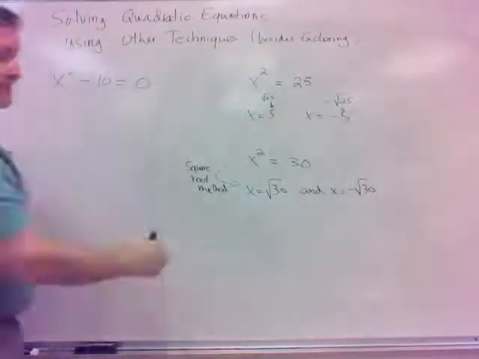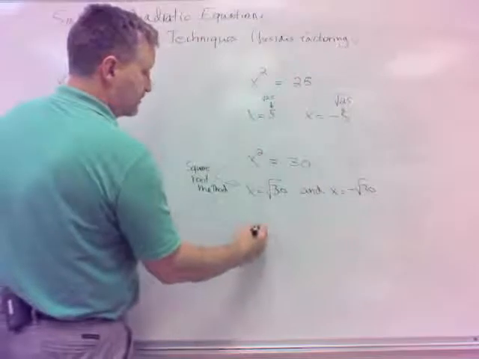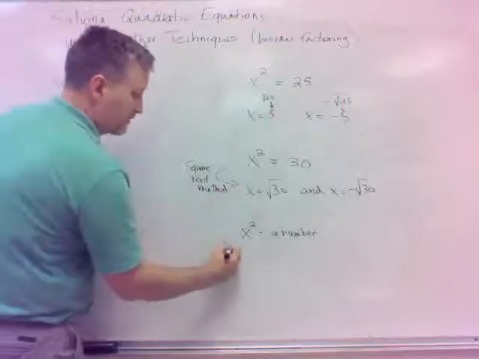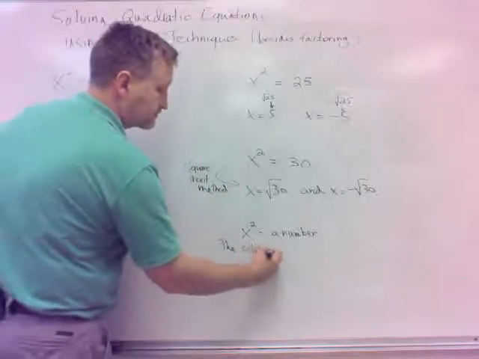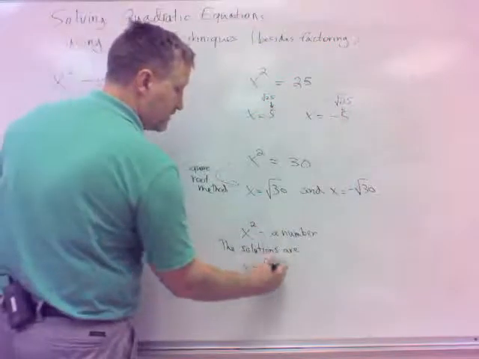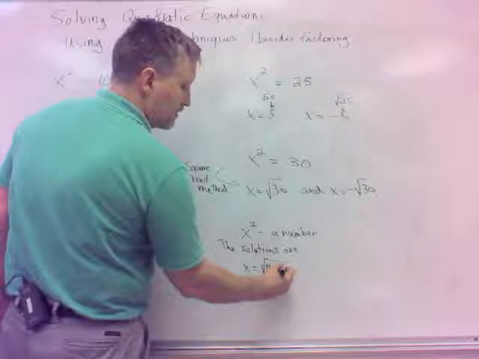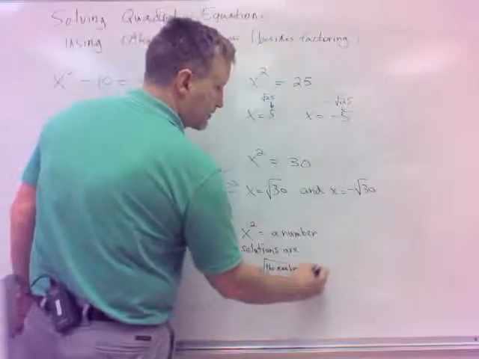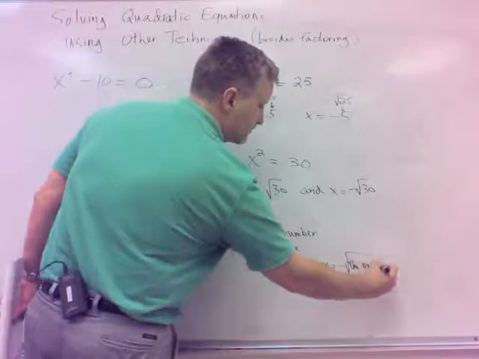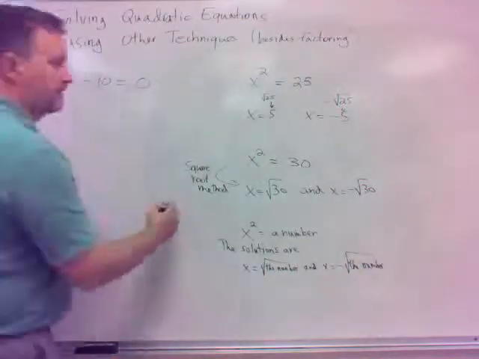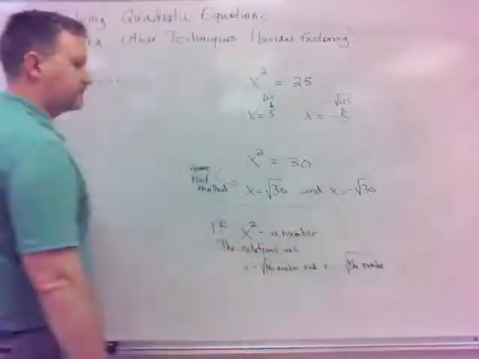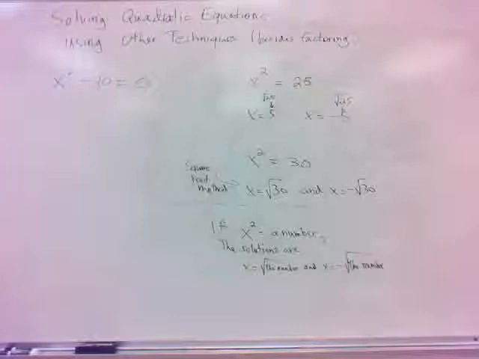If I have x squared equals a number, or something squared equals a number, then the solutions are x equals the square root of that number, and x equals negative the square root of that number. That's my two answers. So if x squared equals a number, then the solutions are x equals the square root of that number and x equals negative the square root of that very same number.